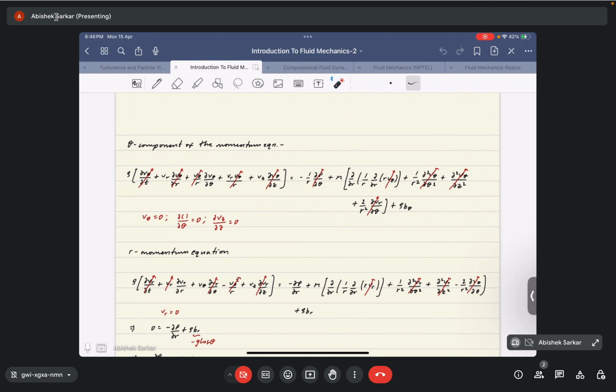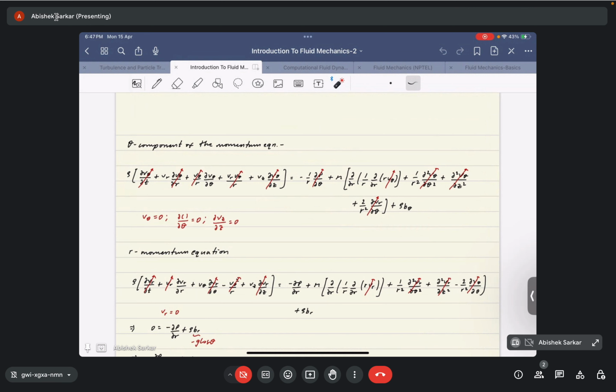But the more important thing that we need to learn is to apply those equations for a particular problem, and then understand which terms we can cancel out by applying the correct assumptions for the given problem. Okay, so that is more important and more necessary, rather than remembering each and every term in the governing equation, because that's something that can be done by anyone.